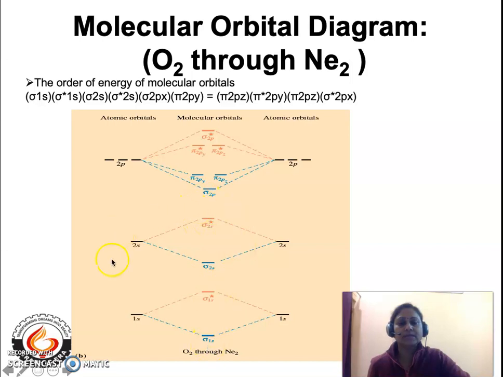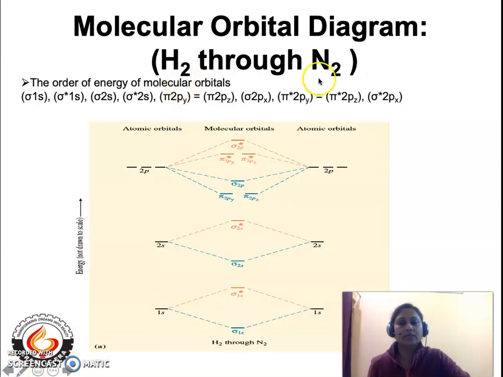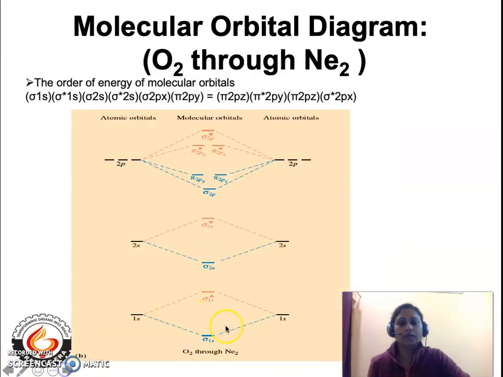So up to this, the arrangement of the molecular orbitals is the same as for the hydrogen through nitrogen MO diagram. Here we find that the sigma 2px has a lower energy level as compared to the pi 2py and the pi 2pz molecular orbitals, and the antibonding molecular orbitals are the same as in the previous slide.